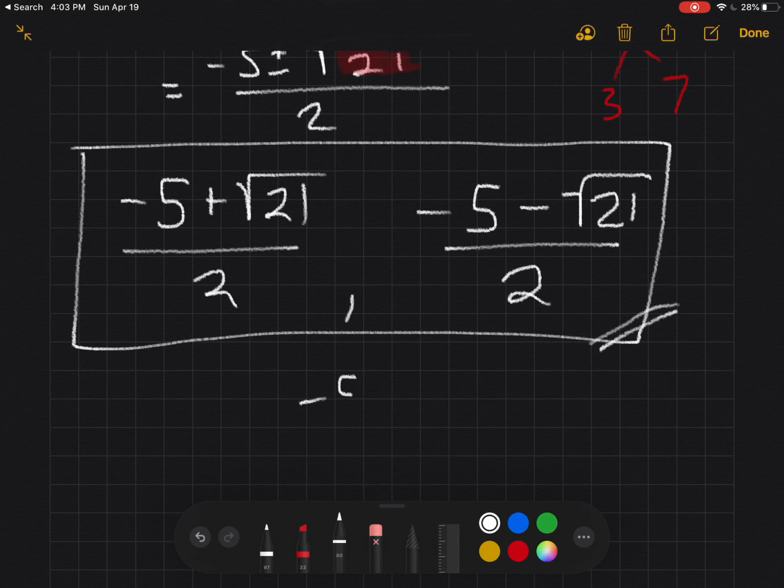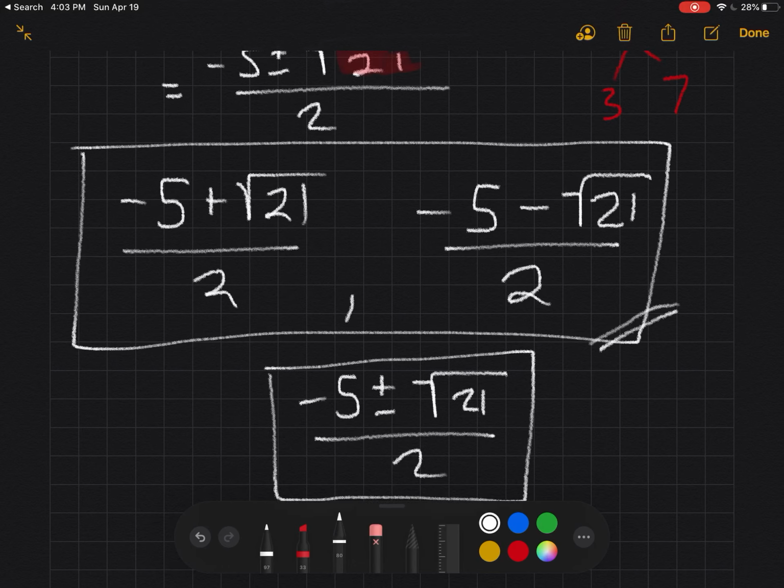Now this gives us two answers: negative 5 plus the square root of 21 divided by 2, and negative 5 minus the square root of 21 divided by 2. Those would be our two answers.